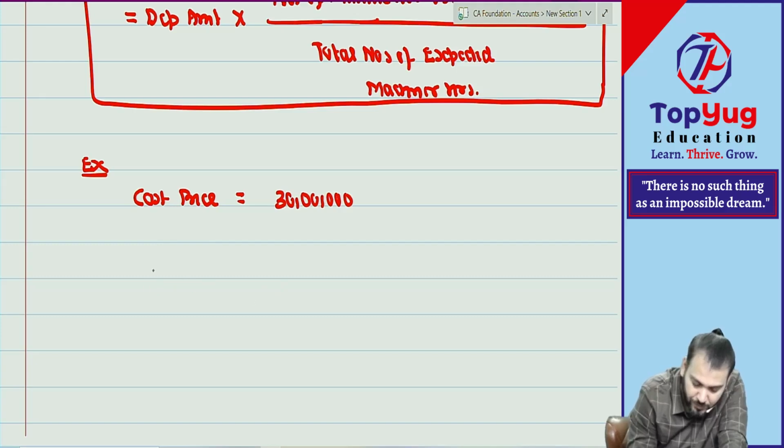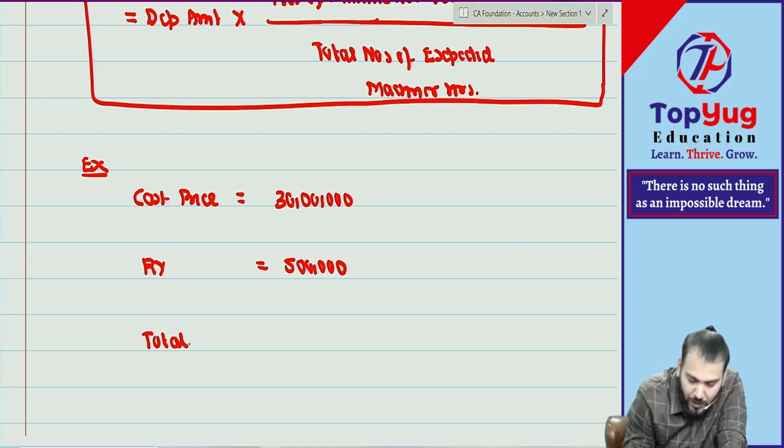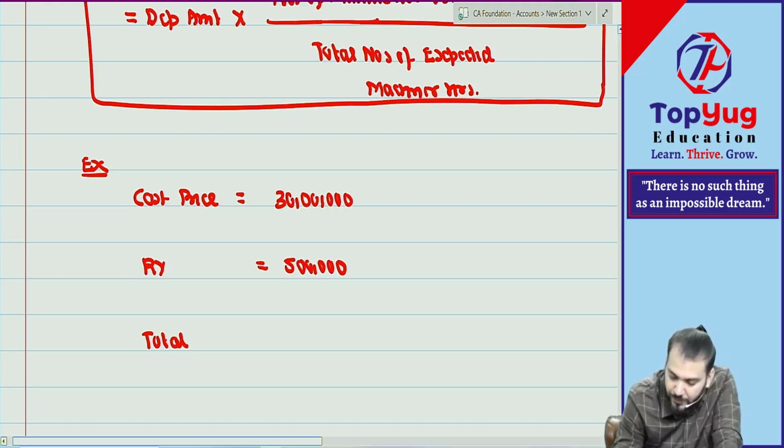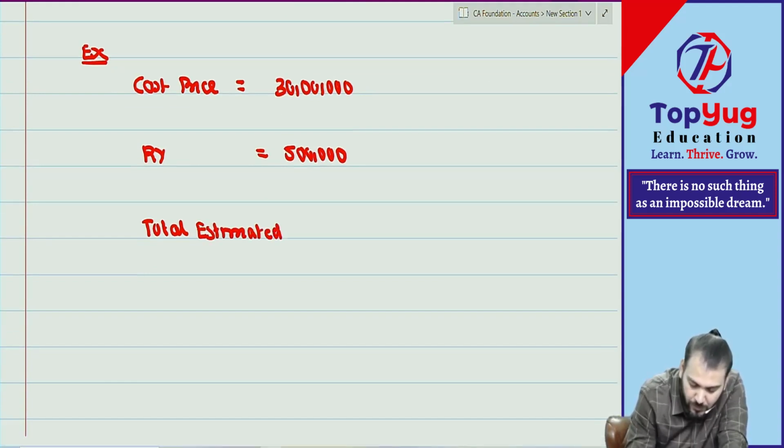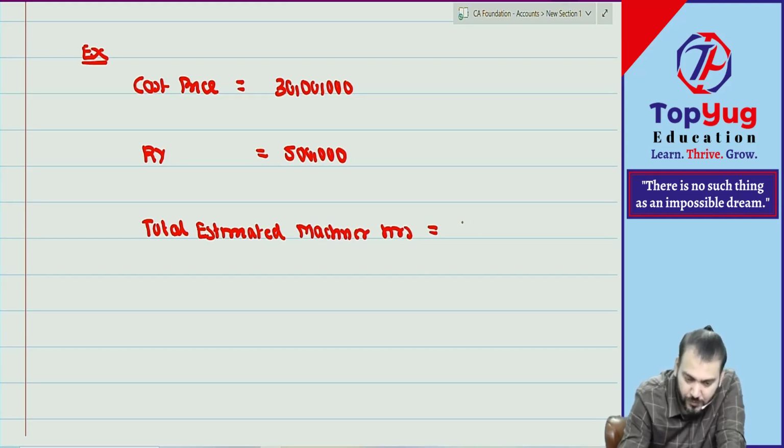Residual value 5 lakh. Total estimated machine hours 2 lakh.